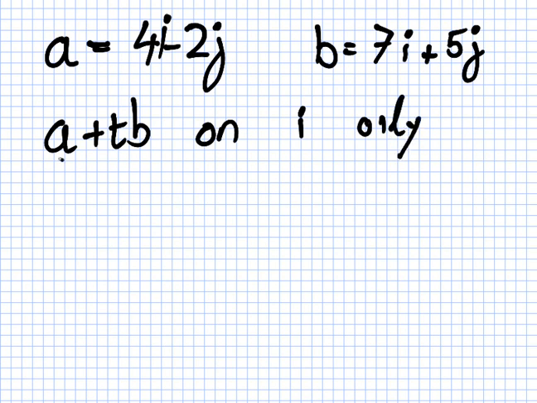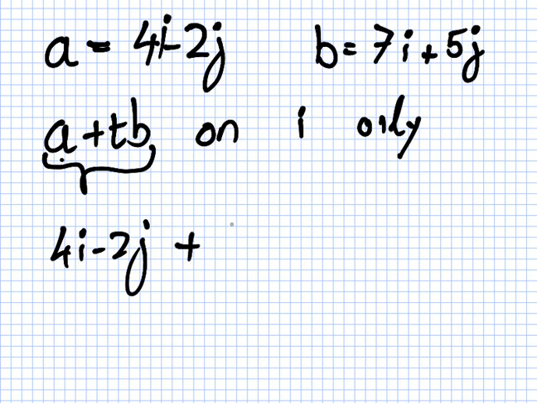So first we need to find A plus tB. That would be 4i minus 2j plus t times (7i plus 5j).